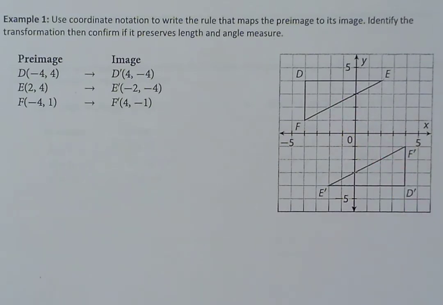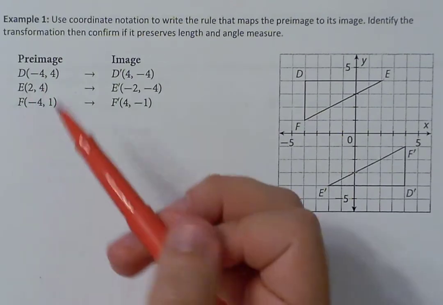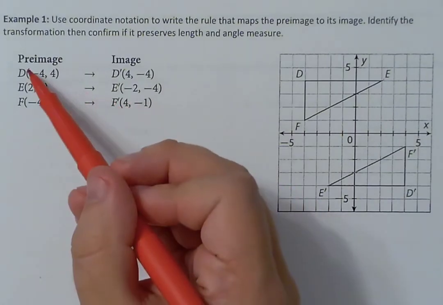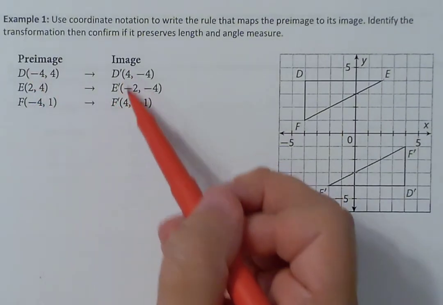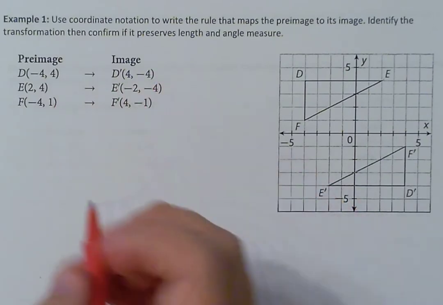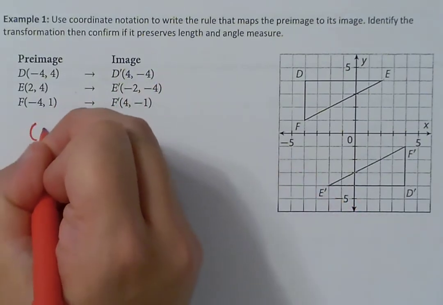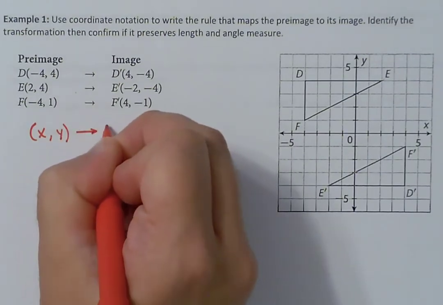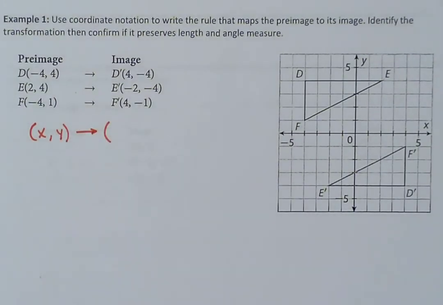The way that I suggest you do this is to look at the values of x and y, and see what changed from these x values to these ones, and what changed from these y values to these ones. Coordinate notation is always going to start with x comma y, and then go to whatever the change is.